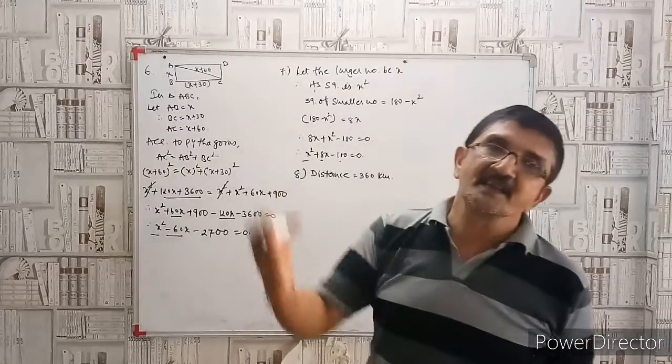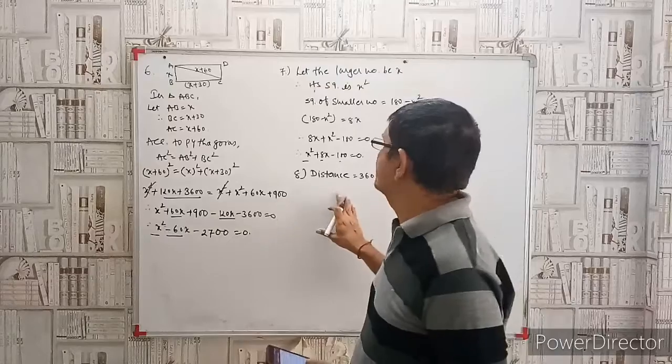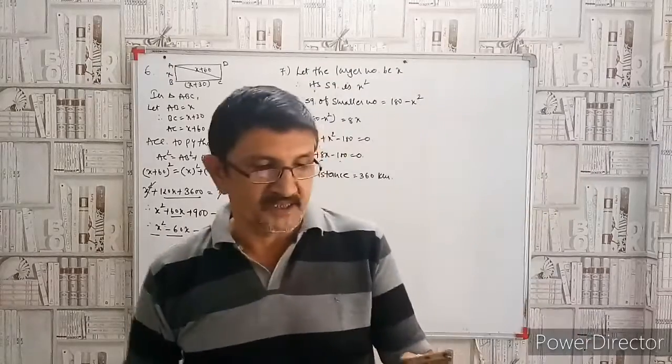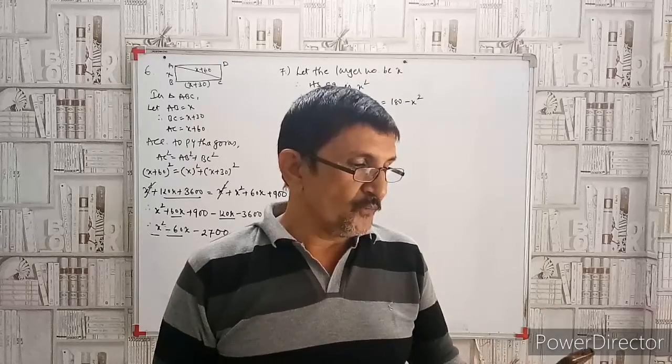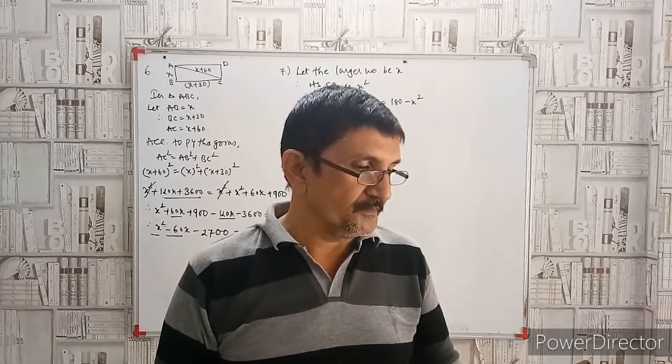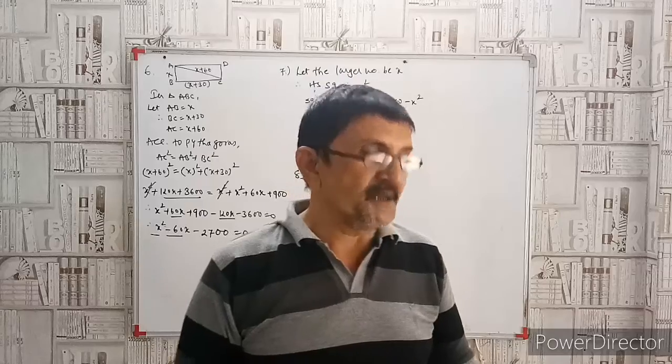Now if the speed is increased by 5 kilometers per hour, then the time taken will be 1 hour less. T2 will be less than T1 by 1 hour. Find the speed of the train.